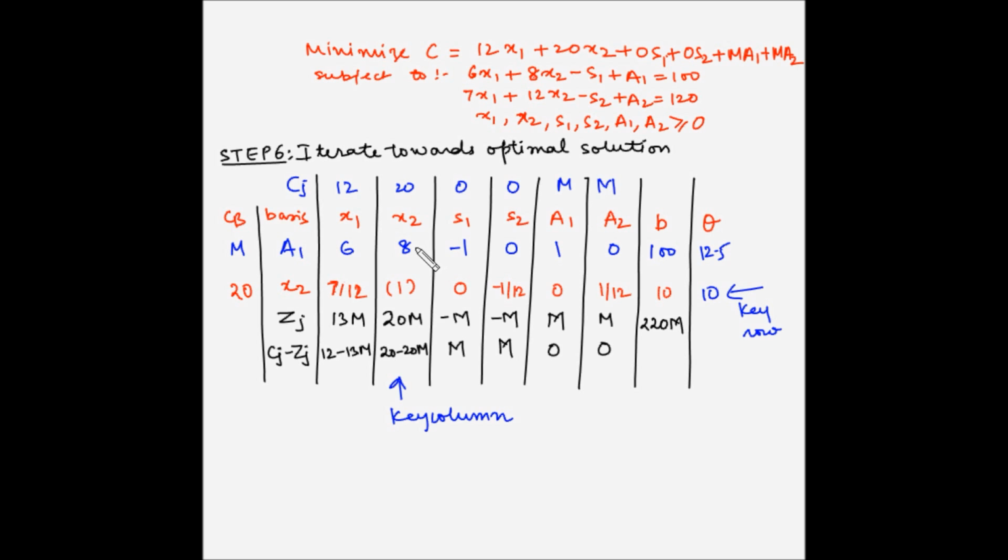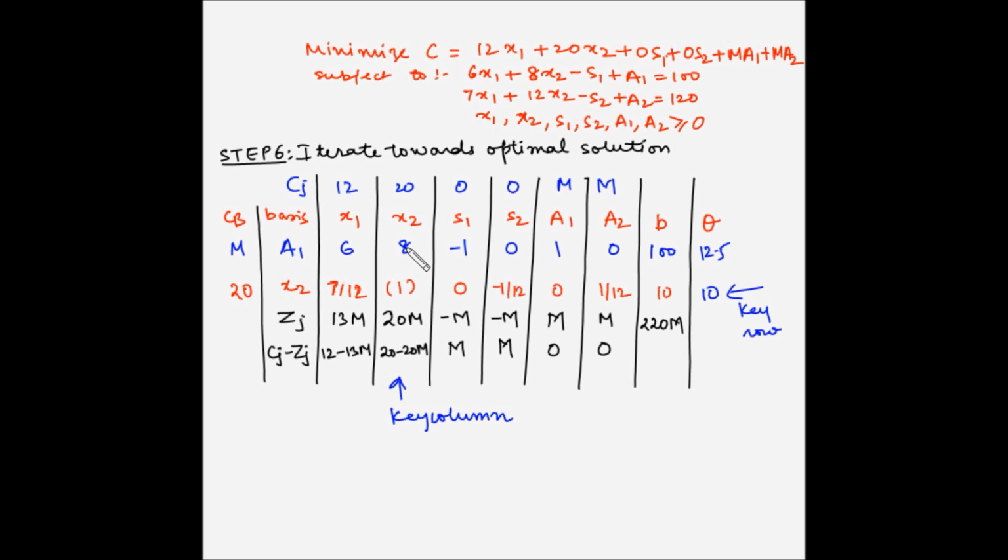And that we have to do by subtracting a multiple of the reduced key element from the element in the other row, and then the same multiple has to be multiplied by all the reduced elements of the key row and subtracted from the corresponding elements of the target row.